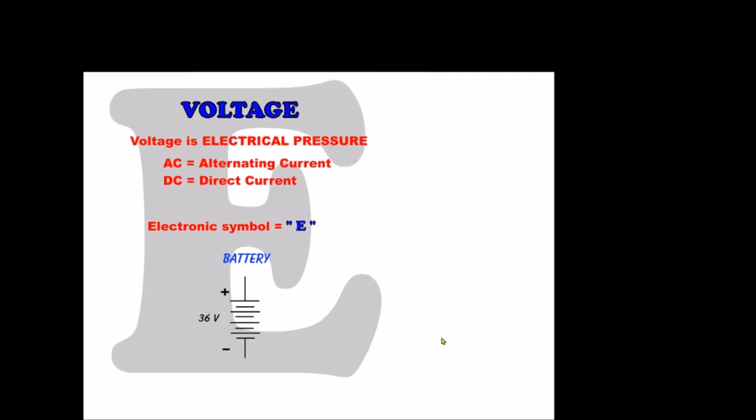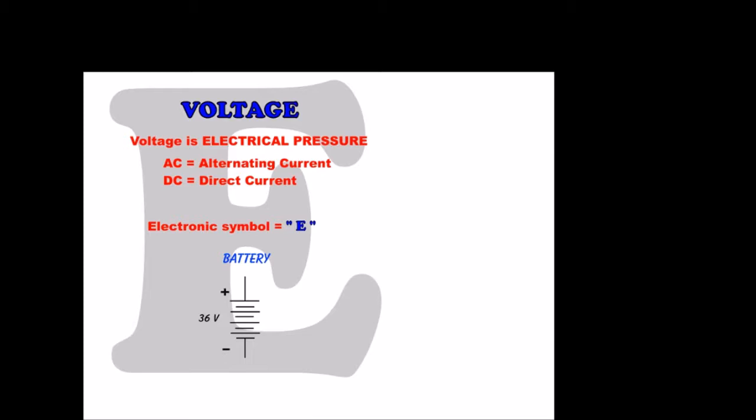So let's first take a look at one of our components, voltage. Voltage is what we call our electrical pressure. It can be alternating current, which is our AC waveform, that would be our household 120 volt in the USA anyway.